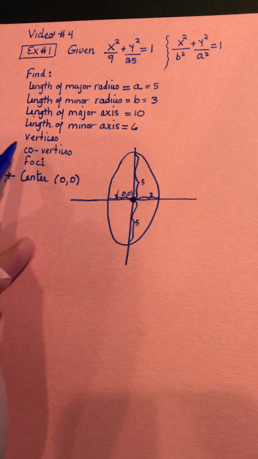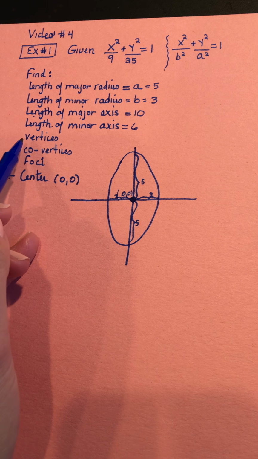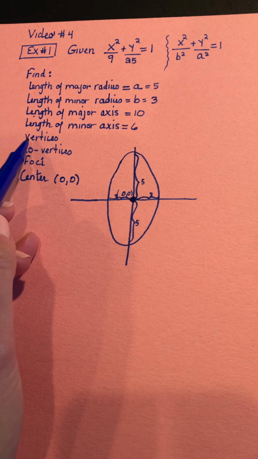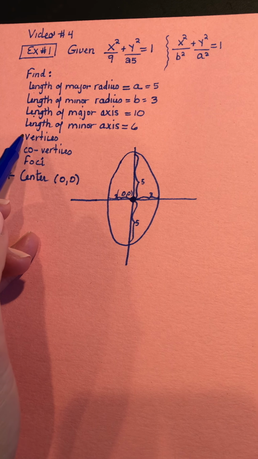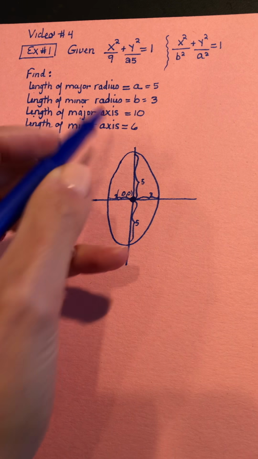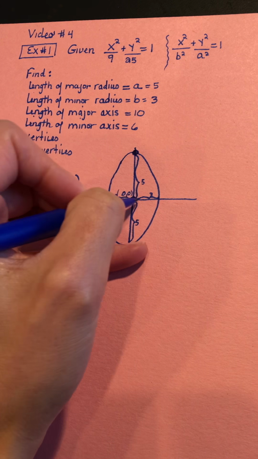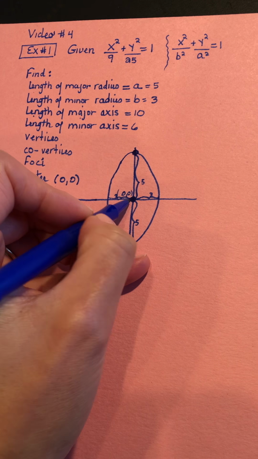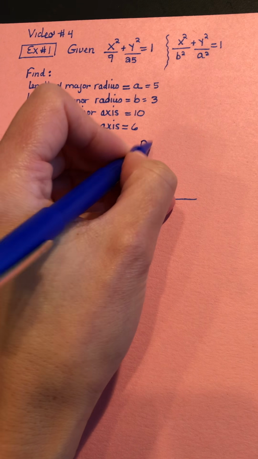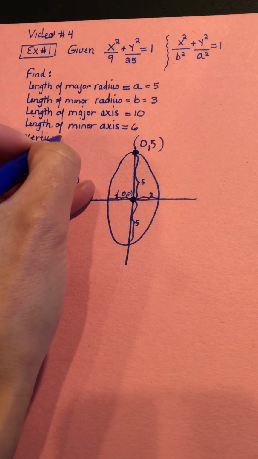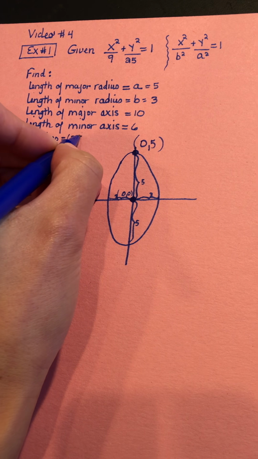So far, so good. Now, remember that our vertices are always going to be on the major axis, so that's whichever one is bigger. Because I know that distance is 5 units from the center, one of my vertices is at 0, 5.